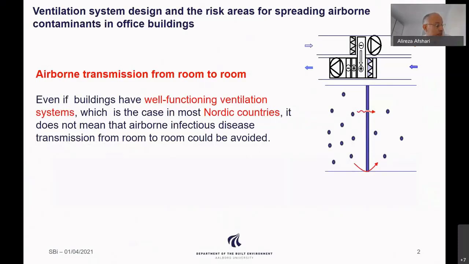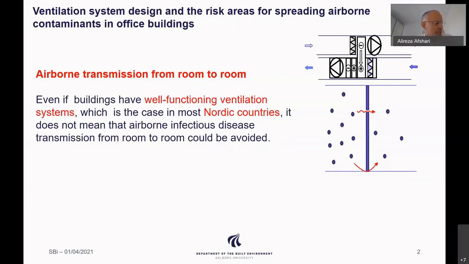In this part, we will focus on airborne transmission from room to room. Based on our study, we can state that even if buildings have a well-functioning ventilation system, which is the case in most Nordic countries, it doesn't mean that airborne infectious disease transmission from room to room can be avoided.